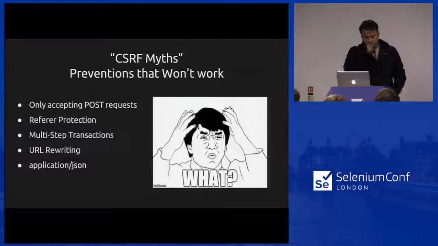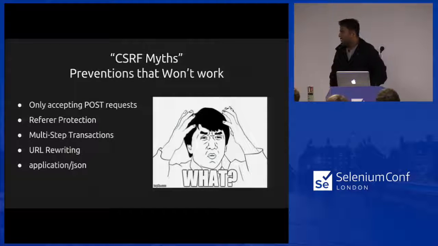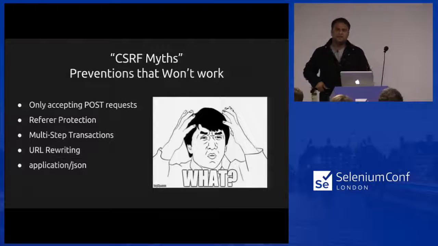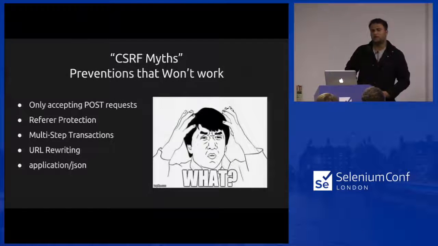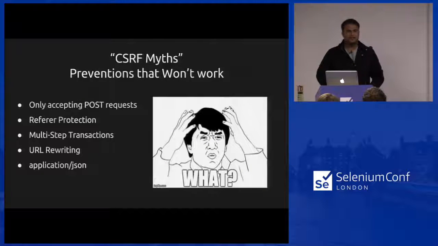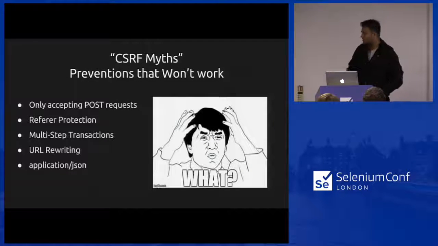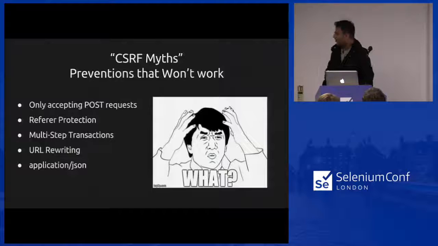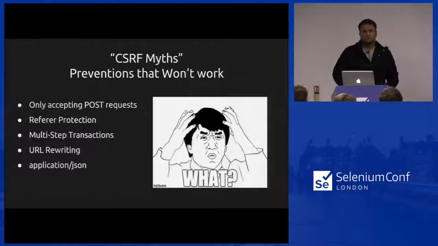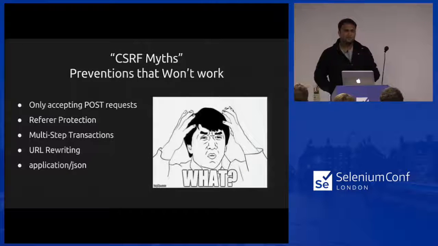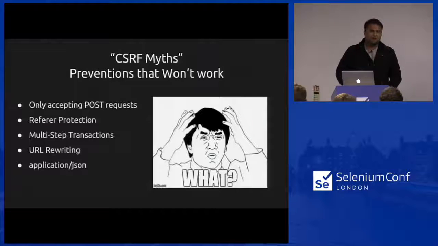Let me tell you a story. I was pen testing a web application where all the requests had the application/json content type, and they were saying we are not vulnerable to CSRF because you cannot create a form that makes such a request without JavaScript; you cannot make a JSON form.